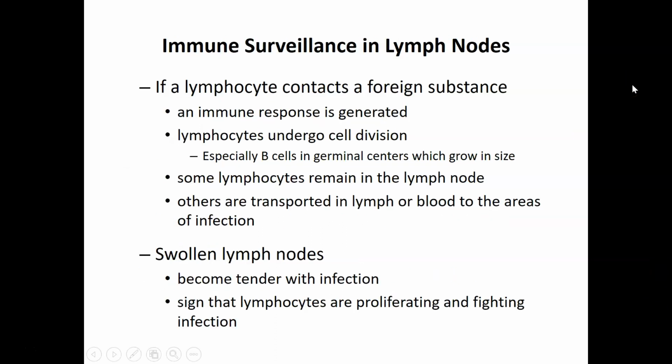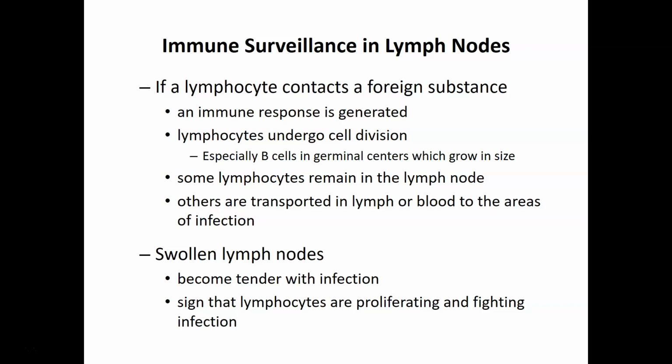And just a brief word about immune surveillance. If a lymphocyte, B or T cell, encounters a foreign substance, let's say a bacterium in the lymph, that will trigger an immune response against that bacterium and any others similar to it. And that immune response involves activation of the lymphocytes, in which they undergo proliferation, meaning they divide rapidly.